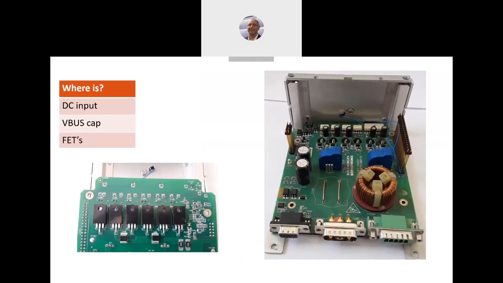Here you can see the V-bus capacitor. And here you can see 6 screws. So these are 1, 2, 3, 4, 5, 6. You remember 6 switches are controlled by the middle leg, and these are FET or MOSFET, because this drive is 100 volt. So in 100 volt, you usually use a MOSFET.